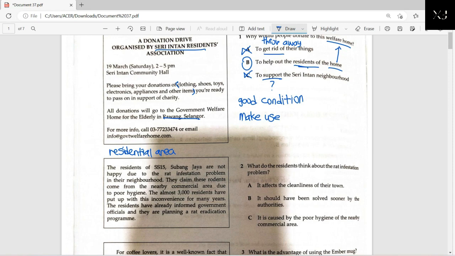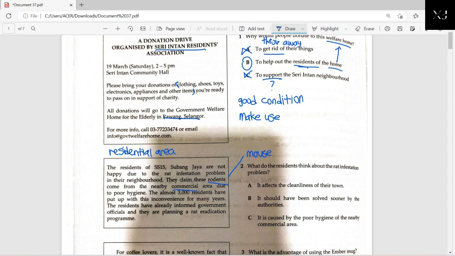Okay, they claim these rodents come from the nearby commercial area due to poor hygiene. Okay, commercial areas are areas where you do business, maybe like a hawker center or what, I have no idea. Places that you do business at. Okay, so rodents can be mouse.